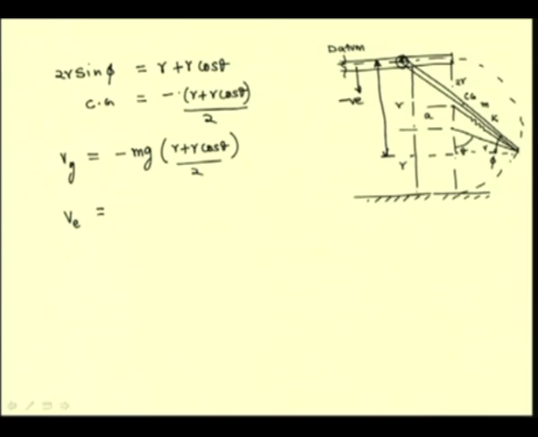So for that we compute it as 2 times, because we have 2 such springs, 2 times half k, that stretch square, which is equal to 2 times half k. The stretch is root of a plus r cos theta square plus r sin theta square.